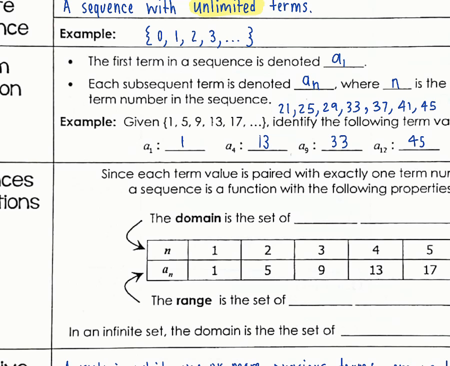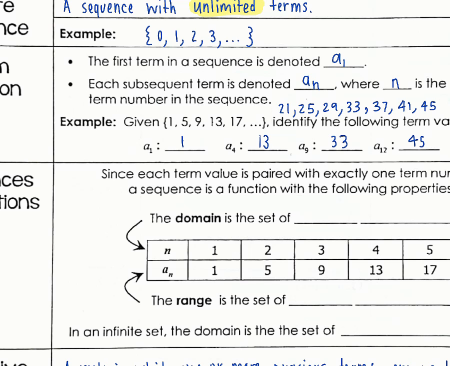We called one, what term? It was the first term, right? So the first term was what? 1. What was the second term? 5. What was the third term? 9. What was the fourth term? 13. What was the fifth term? 17. Get the point?